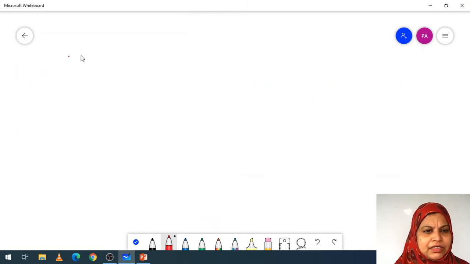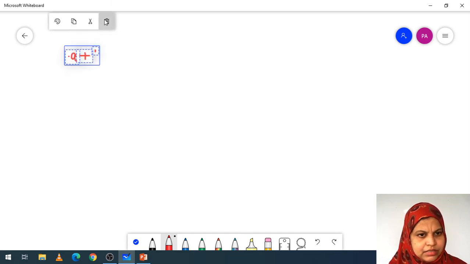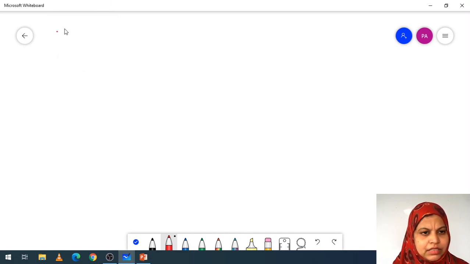For example, 0 plus 1. First, I am going to divide this: 0 is one symbol, and 1 is another symbol.